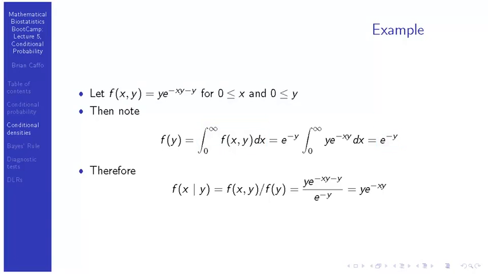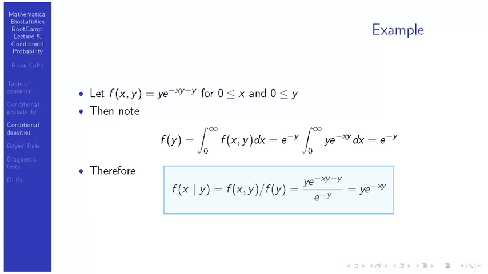And then our conditional density, f of x given y, is the joint density f of x comma y divided by f of y. So just churn through the calculations and you get y e to the negative x times y. And so if you wanted to know what's the conditional density, the governing behavior of the random variable x, given that y is, say, 3, then that density would be 3e to the negative x times 3.